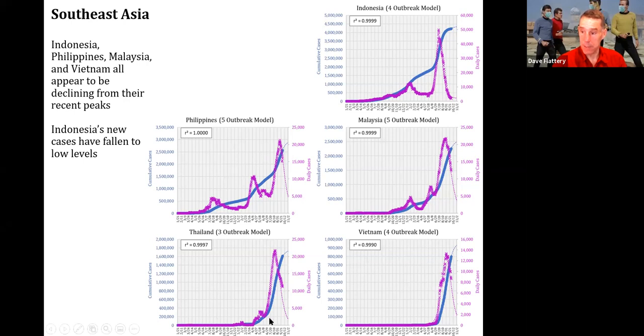But this behavior, like in Thailand and Vietnam, where the total cases are just so low for so long and then shoot up, and in just a few months, Vietnam has 1 million cases, is a very interesting behavior that's different than most other places. But even in Southeast Asia, which is sort of the most recent previously lightly touched region to get very big outbreaks, those all look to be declining now.